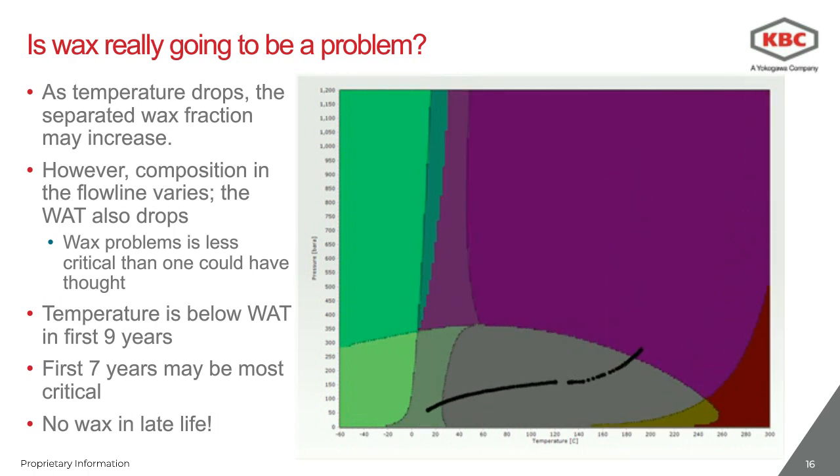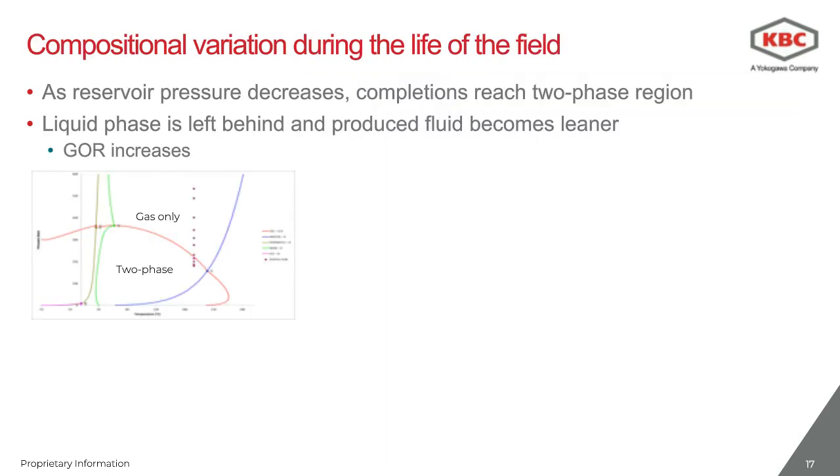Now I can gather all this information together and try to picture a consistent picture of what's going on. I can look back again at the phase diagram of the reservoir fluid compared with the pressure drop of the bottom hole pressure. What's happening here is that the bottom hole is initially in single phase region. At some point, the pressure at the bottom hole drops below the dew point, inside the two-phase region.